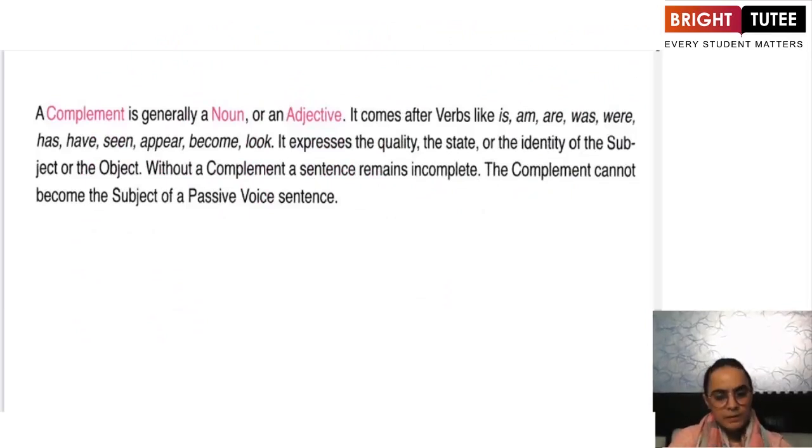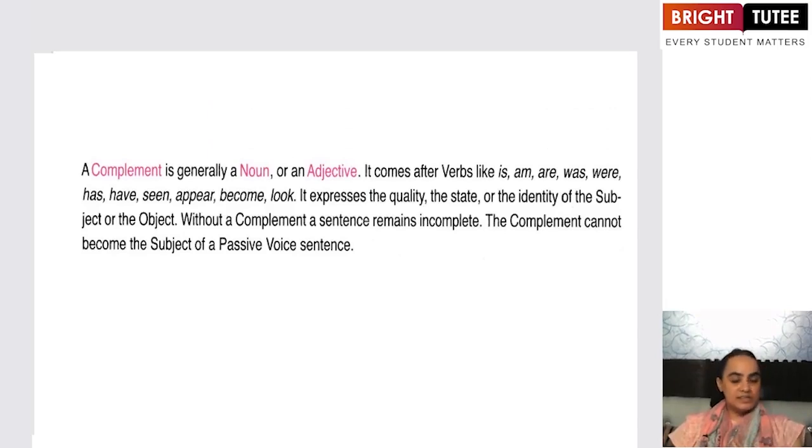So a complement is generally either a noun or an adjective. In most of the cases, the position of the complement will be occupied by either a noun or an adjective. These are the only two possibilities that I have for a complement. So a complement is either a noun or an adjective which is used after the verbs.